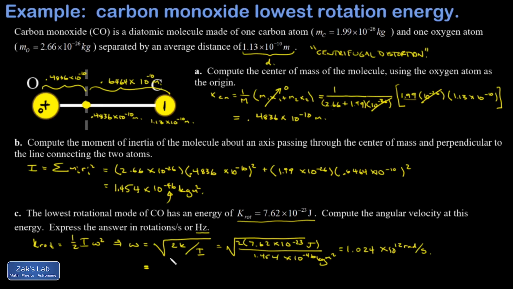And when I do that, I get 1.63 times 10 to the 11 hertz, which I could then write as 163 times 10 to the 9 hertz, which is a gigahertz. So 163 gigahertz. Now I happen to know the real answer for this is 115 gigahertz. And it's because we've totally ignored the centrifugal distortion idea. But this is a good first approximation.